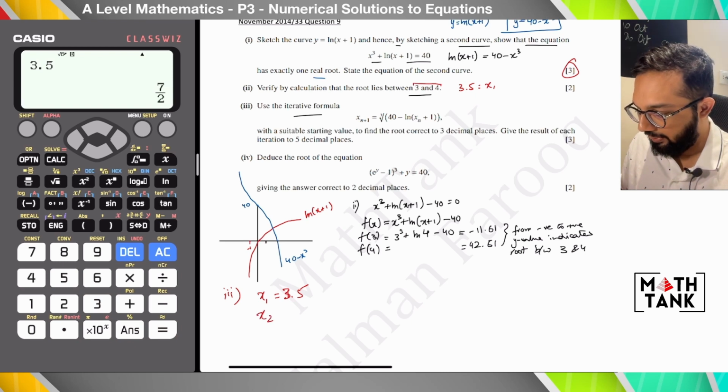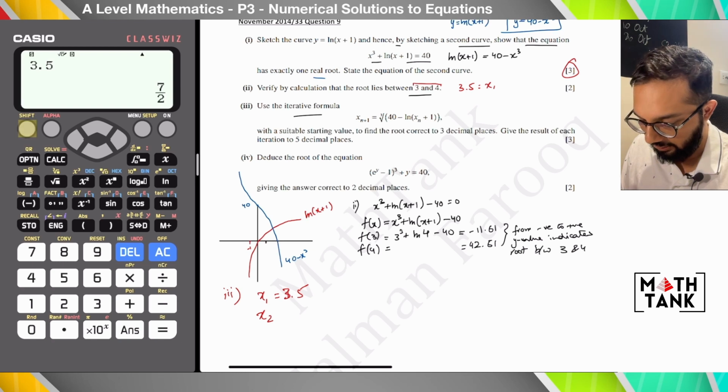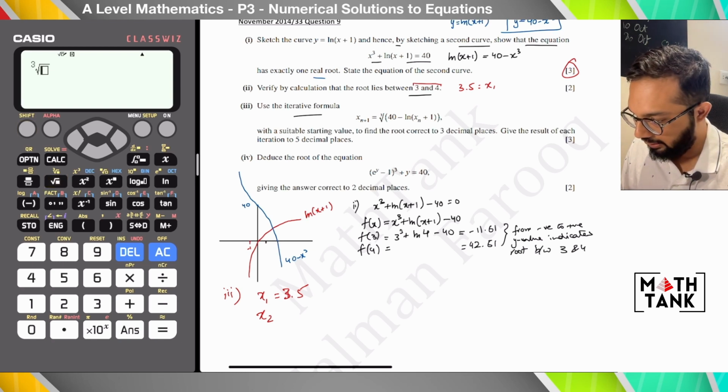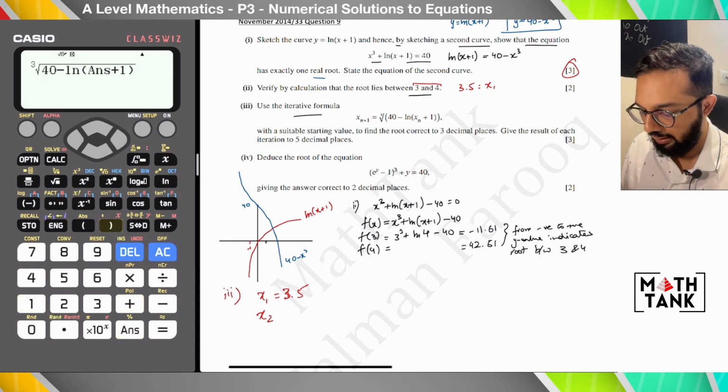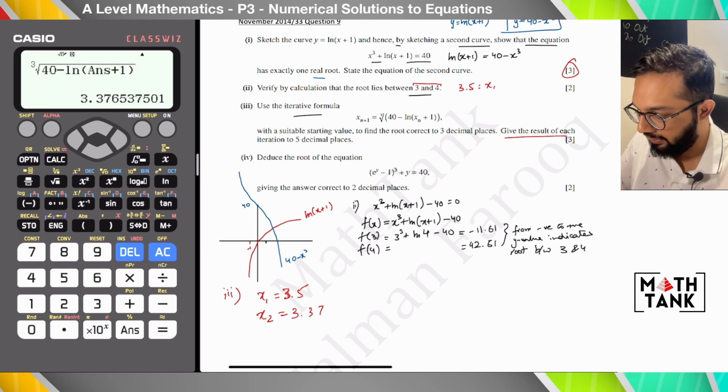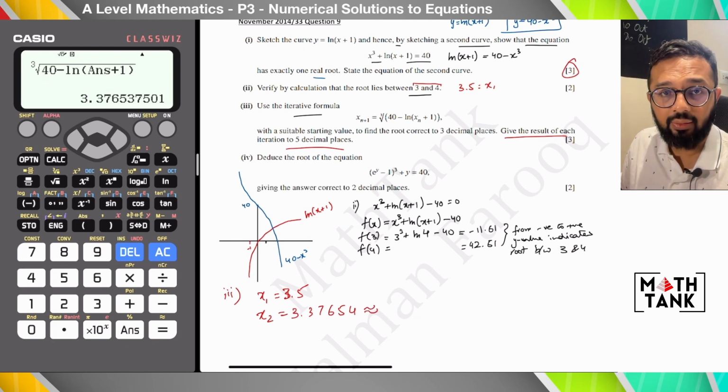For x2, I'm going to construct this expression on my calculator. I'm going to write shift and cube root of 40 minus ln answer plus 1. And then when I press equals to, I get my first iteration 3.37. It says give the result of each iteration correct to 5 decimal places, and the root correct to 3 decimal places.